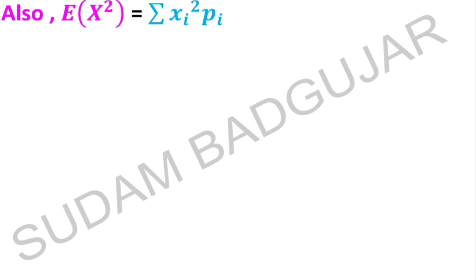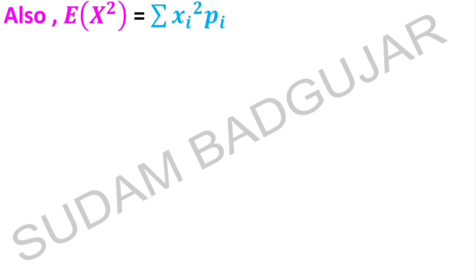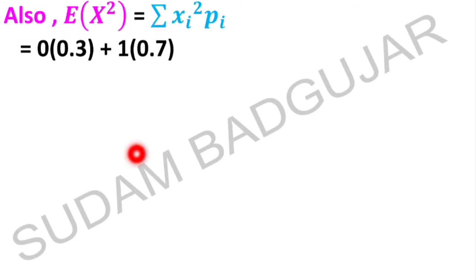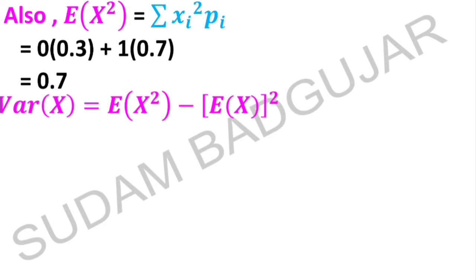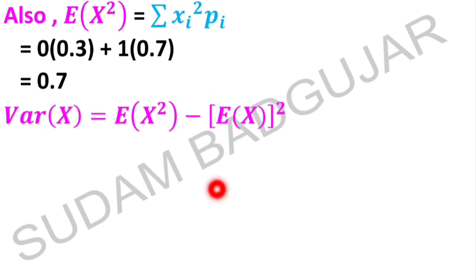Now E of x square, what is E of x square? Summation of xi square pi, that is nothing but 0 square is 0 into pi. What is pi for x equal to 0? 0.3 plus 1 square is 1 into 0.7. Again its value is 0.7. Now you have to write the formula for variance.